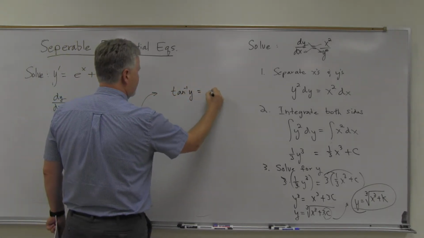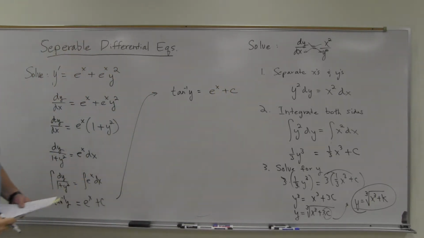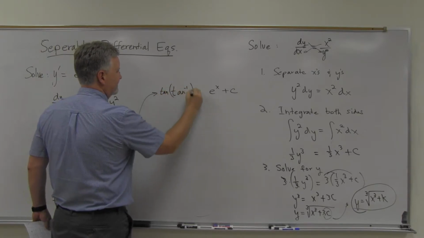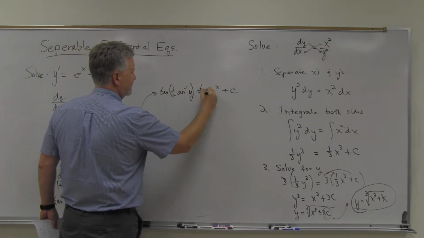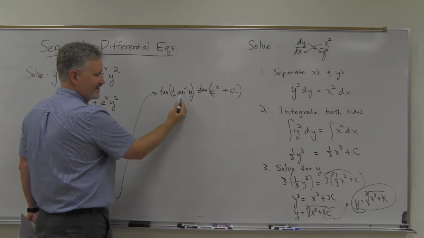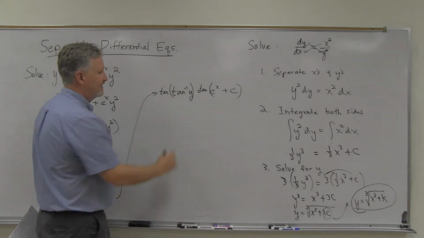If we want to solve this out for y, put y on the side by itself, any thoughts? What if I take the tangent of both sides? Don't those cancel? They're inverse operations, so they cancel one another out and we just get y.